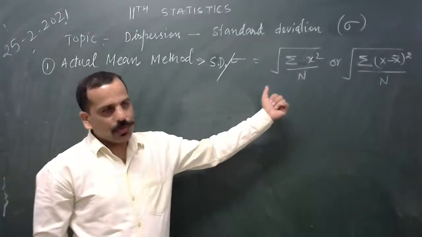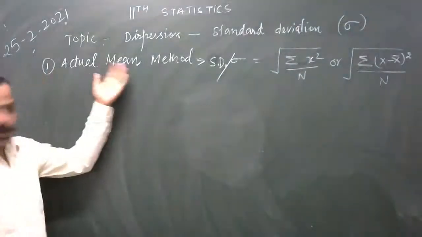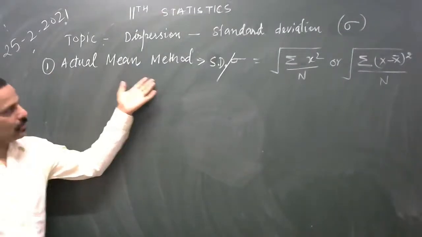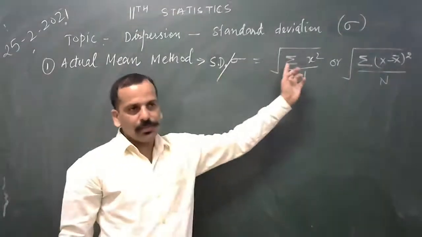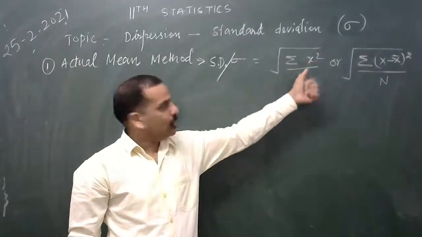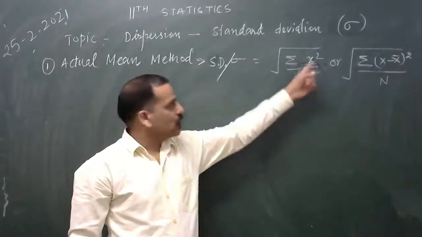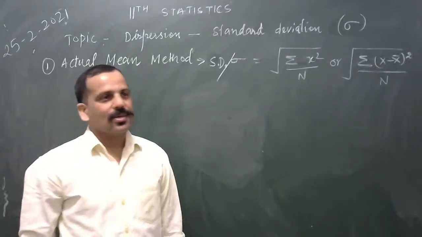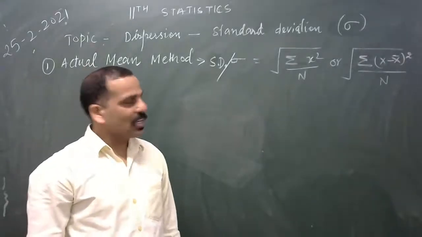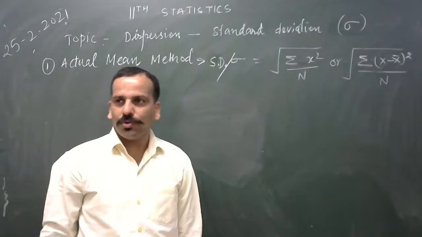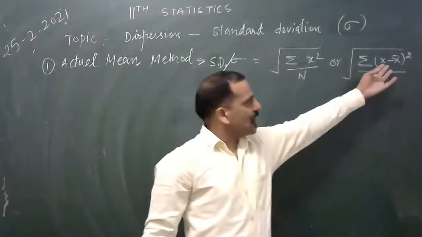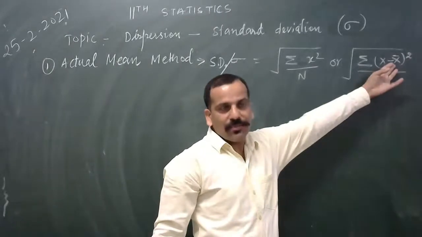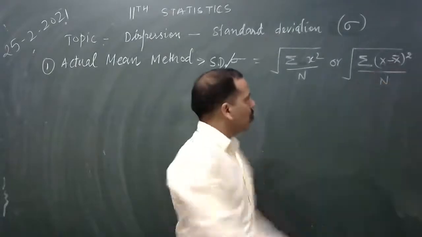Now the formula for the actual mean method: under root summation x square upon n. This is small x. And how to find out the value of small x? Small x is X minus x bar, where x bar is the mean. And how to find out the value of mean?